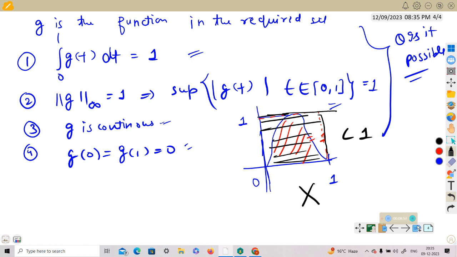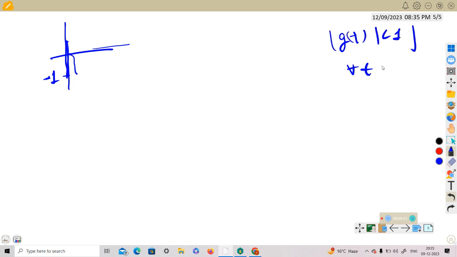Let us try to make some other cases too. What if we have a function like this? It can go at most to -1, because we have the condition |g(t)| is less than or equal to 1 for all t belonging to [0,1]. It can go down to -1 and then it can go again up to 1 only.